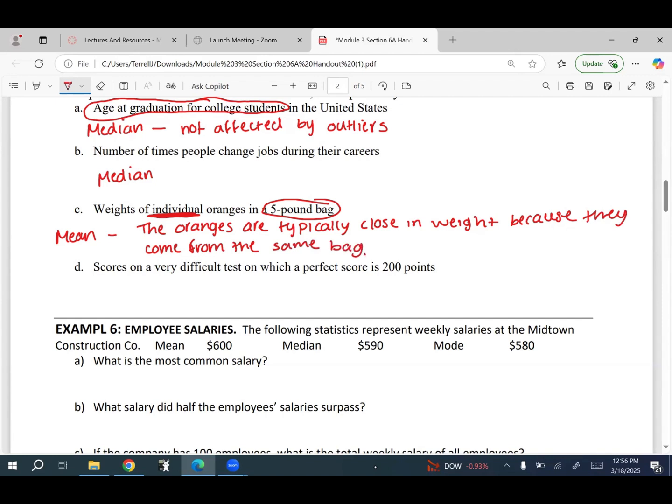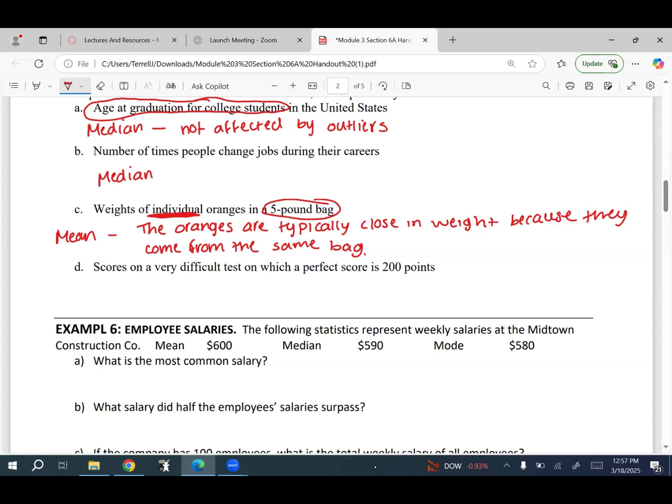And then scores on a very difficult test on which a perfect score is 200 points. So in this example, typically when you're looking at how students did on a test, again, you want to consider all students. That's the point, right? You want to consider how everybody did.